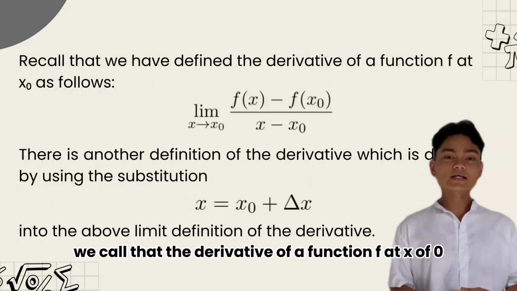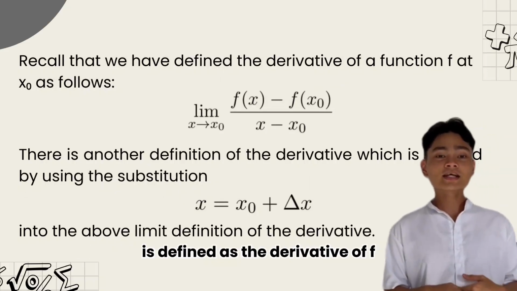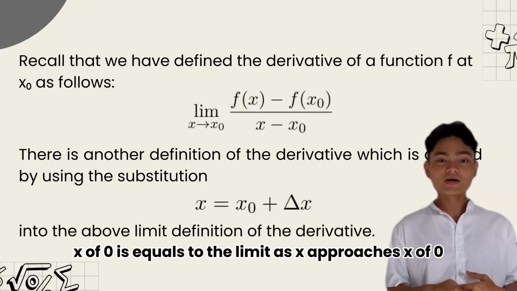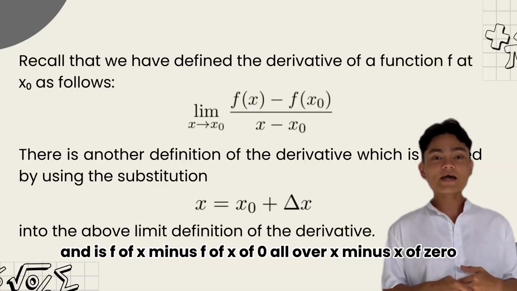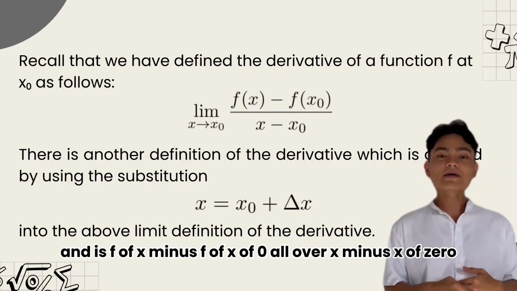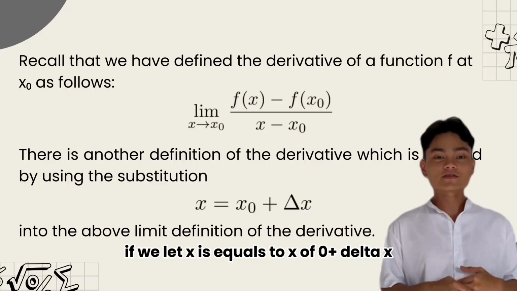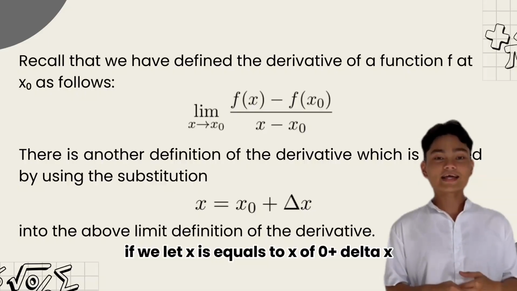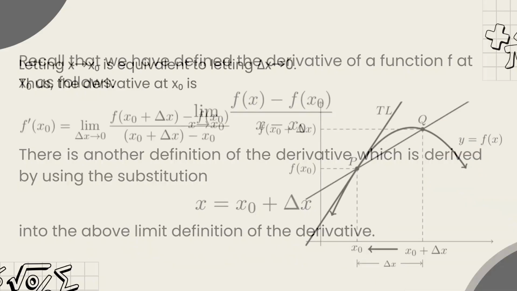Recall that the derivative of a function f at x sub 0 is defined as f prime of x sub 0 equals the limit as x approaches x sub 0 of f of x minus f of x sub 0, all over x minus x sub 0. If we let x equal x sub 0 plus delta x, this definition can be written in an equivalent form.